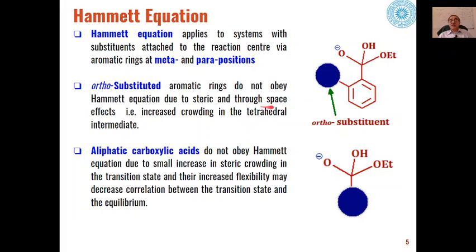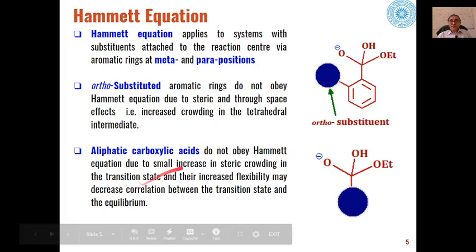The steric and space effects show increased crowding in the tetrahedral intermediate which is formed during the reaction. So the presence of this ortho substituent shows increased crowding, and because of these steric reasons the Hammett equation does not hold good for ortho substituted substrates.